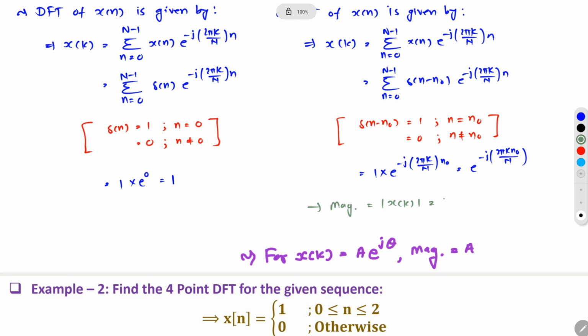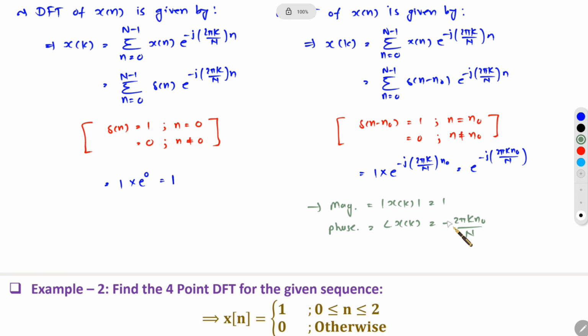So here we have magnitude 1. And if you talk about phase, then that is the angle of X of k. See here e to the power j theta, where theta is the phase. So one can say here the angle is minus 2 pi k n naught divided by capital N. Right, so that is how one can understand magnitude and phase. Now let me solve the second problem of this video.